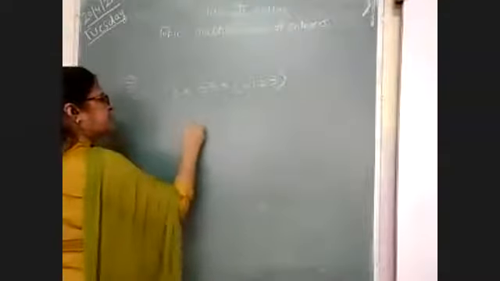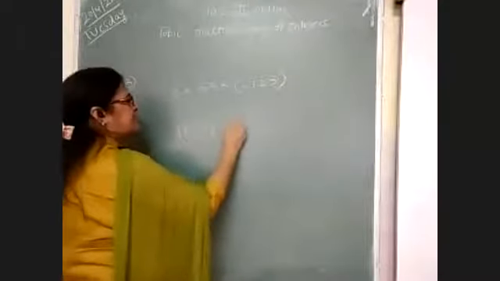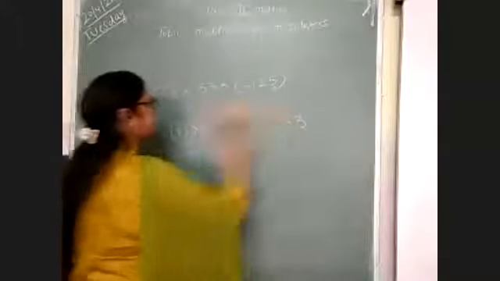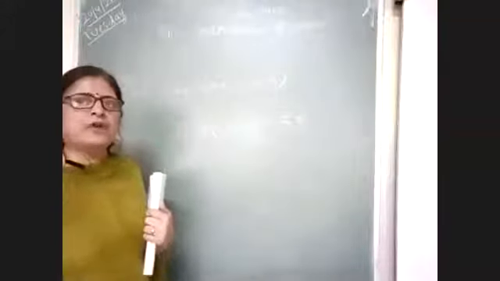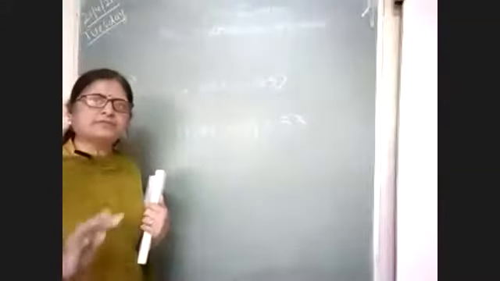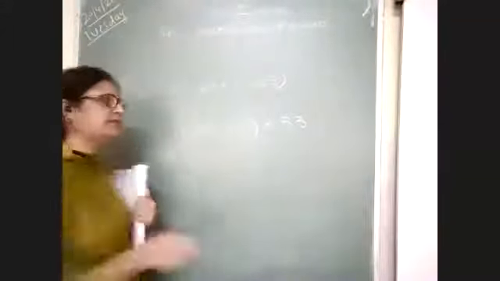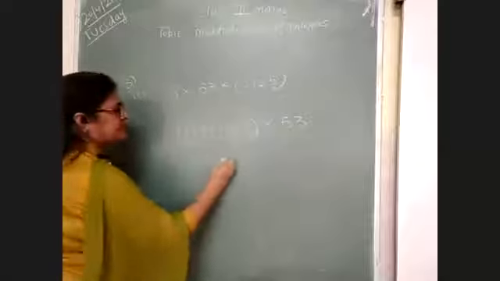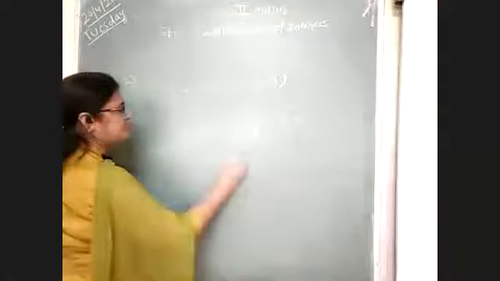So first we will arrange all the terms. First 8 multiplied by minus 125 and then multiplied by 53. You have to make the suitable arrangement, then multiply. So minus 125 multiplied by 8, the result is minus 1000.